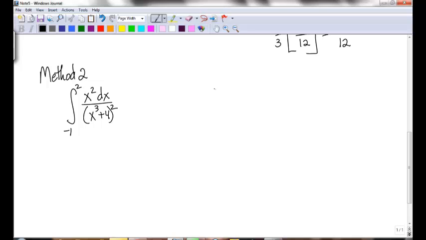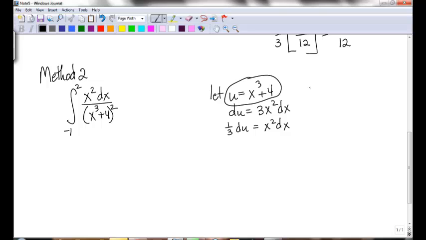I would still let u equal x cubed plus 4, take the derivative, this would be 3x squared with respect to x. You still want to substitute in for the x squared dx, so multiply by a third on both sides. So that's basically still the same. The only part that's different is you rewrite this as a function, u of x equals x to the third plus 4.